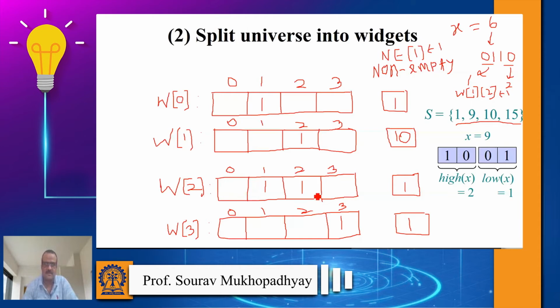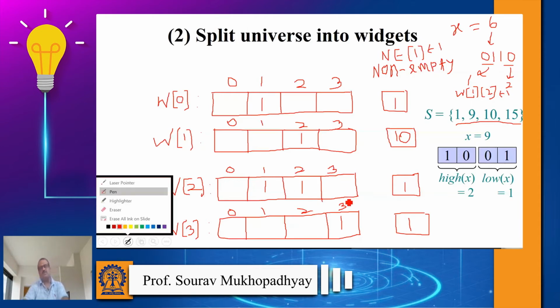Yes, sir. So why don't we store the count in the non-empty array, the count in the widget? Yeah, we'll do some more augmentation here to handle that. You are correct. For deletion we cannot just make it 0, because we would have to traverse this list to ensure there is no one. So that is one good idea, to have one more augmentation here to keep a count.